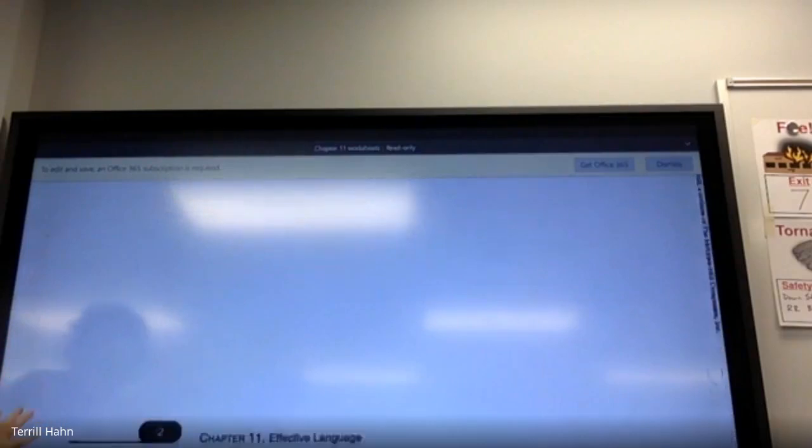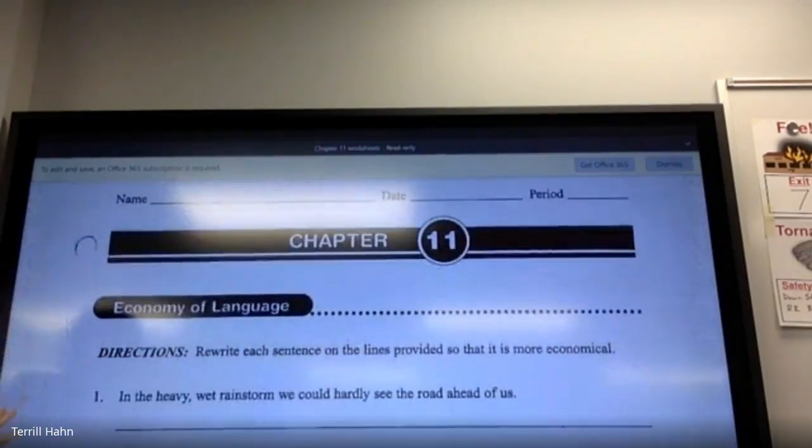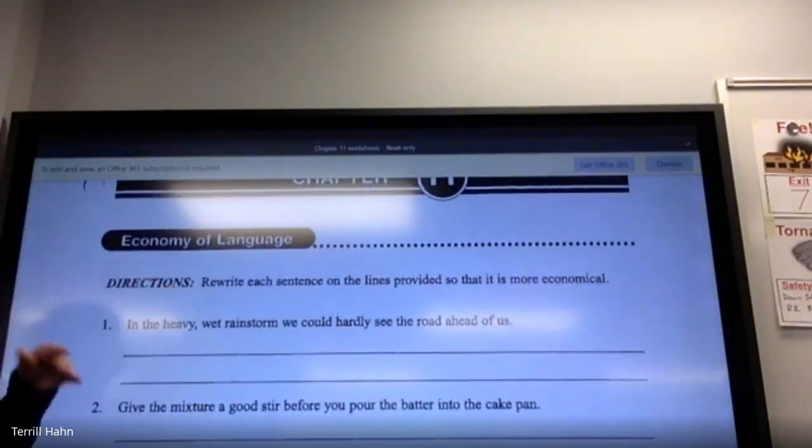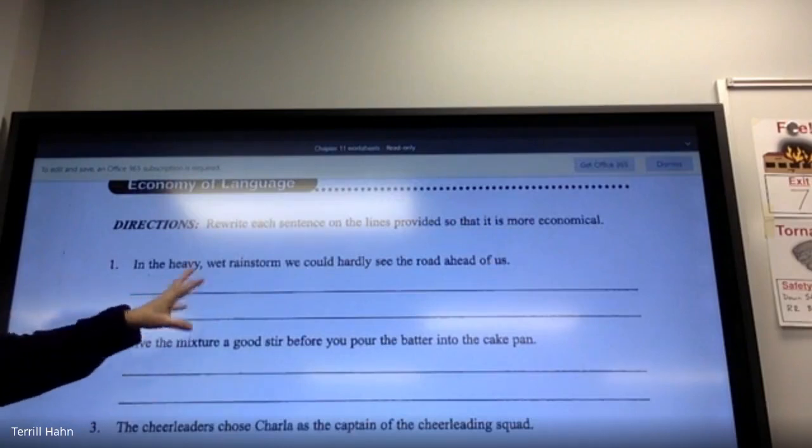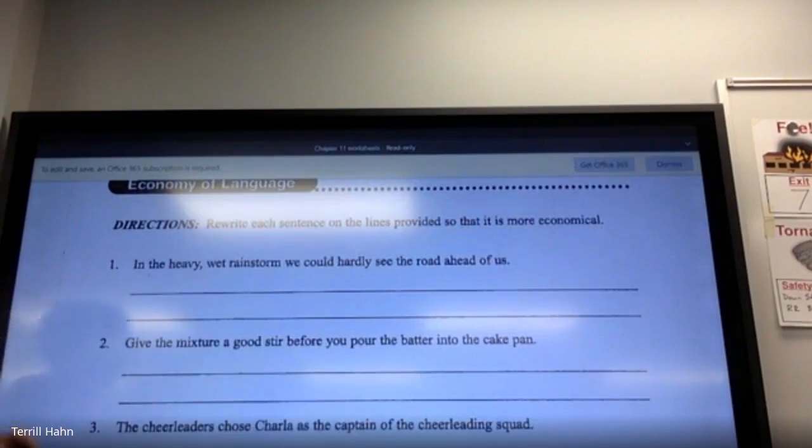Then the last part, it's called economy of language. Rewrite each sentence on the lines provided so that it is more economical, meaning it's shorter. Here's the first one. In the heavy, wet rainstorm, we could hardly see the road ahead of us.